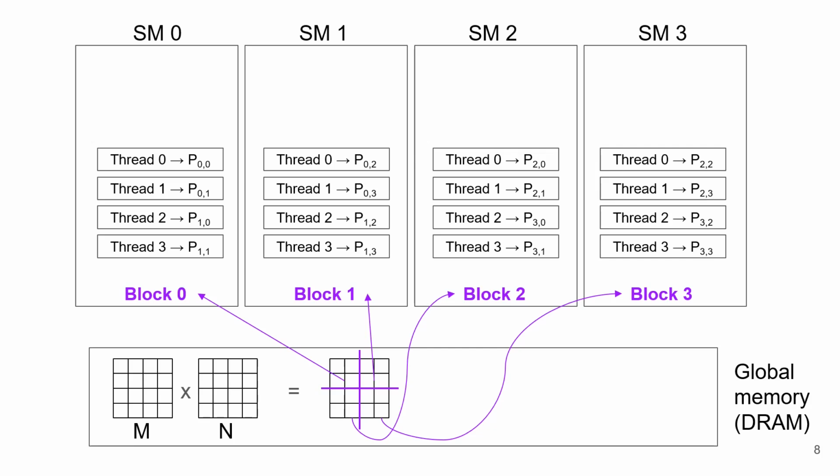So that means we are dividing the output matrix into 4 blocks, where each SM receives 1 block and each block contains 4 threads. This kind of 2D block representation fits the natural 2D data structure of the matrix. The assumption here is that the block width is 2, which means 2 threads in a row and 2 threads in a column.